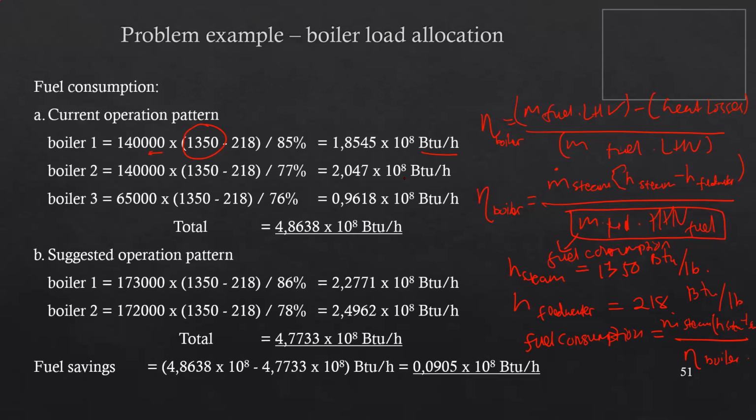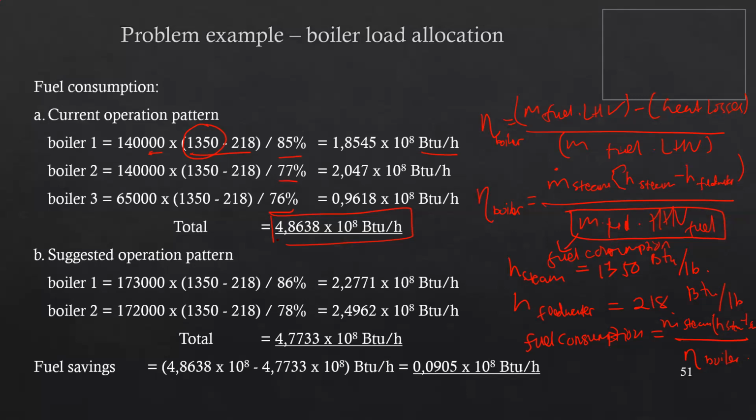Multiply by the difference between the specific enthalpy of the steam and feed water, divided by the boiler efficiency. For the current operation pattern with 3 boilers, the total fuel consumption is 4.86 times 10 to the power 8 BTU per hour.